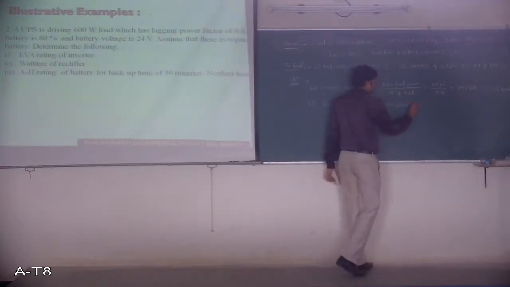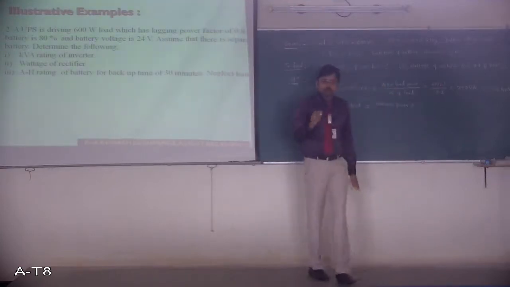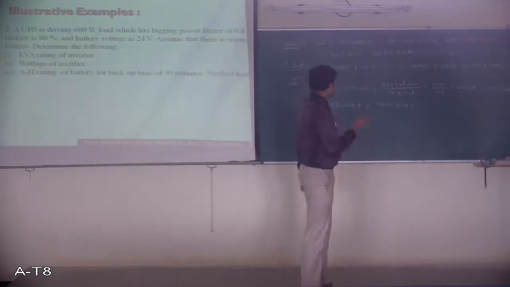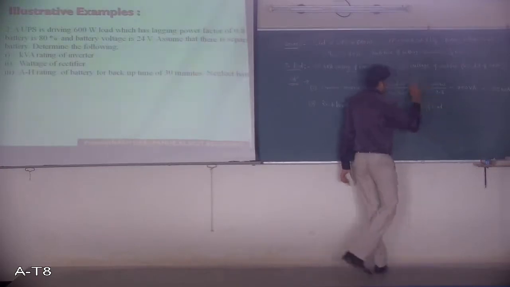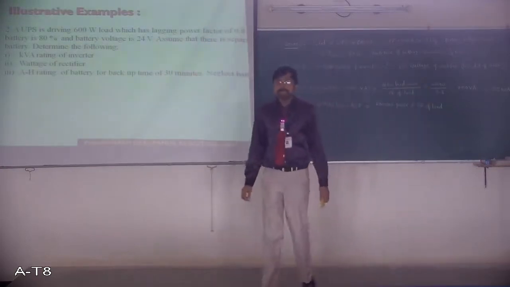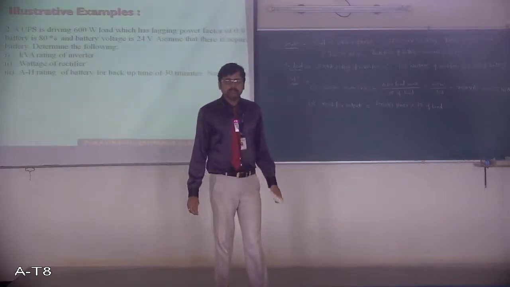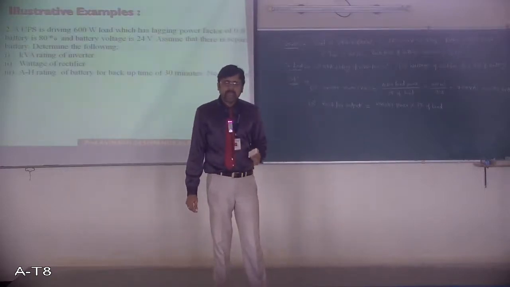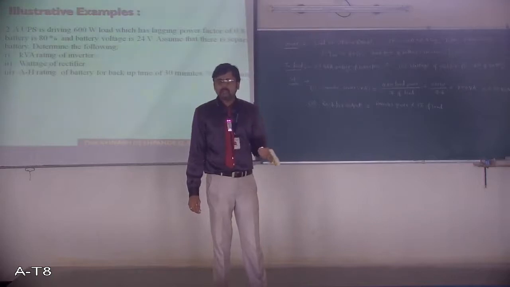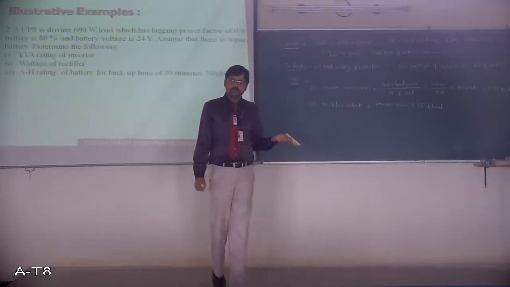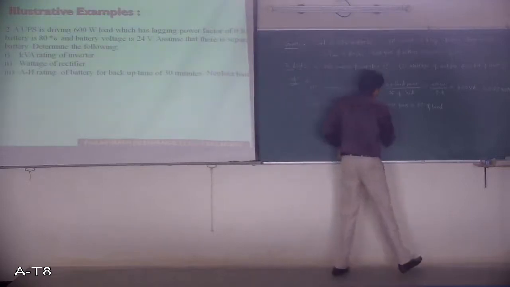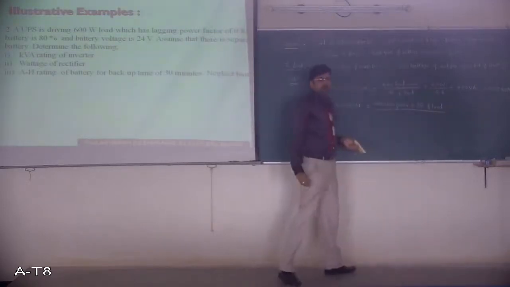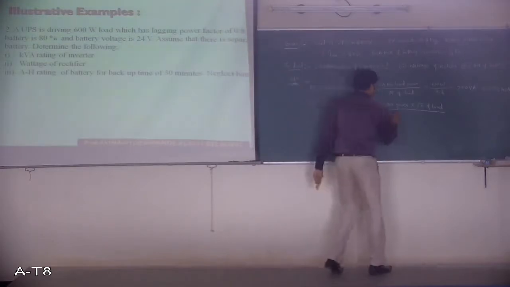Because I know that it is 750 volt ampere, it is the apparent power. So multiply it by the power factor of the load. That gives me the active power supplied to the load itself, that is nothing but 600 watts, to be very frank. Now divided by inverter efficiency.